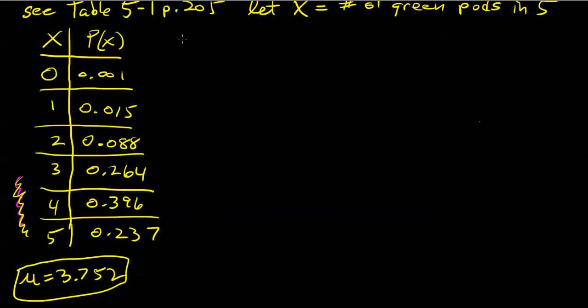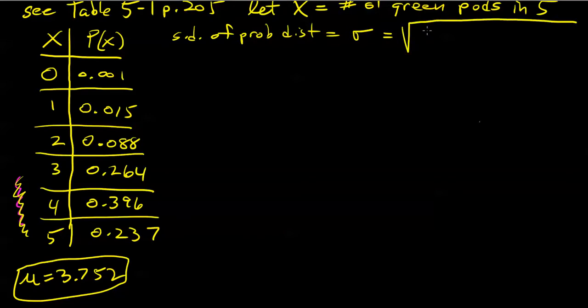Recall the standard deviation of a probability distribution. We call it sigma. It's like a population SD from raw data, same notation, and it's going to be the square root of the sum of the square of each x value multiplied by its associated probability, minus the square of the previously computed mean. Alright, don't panic.